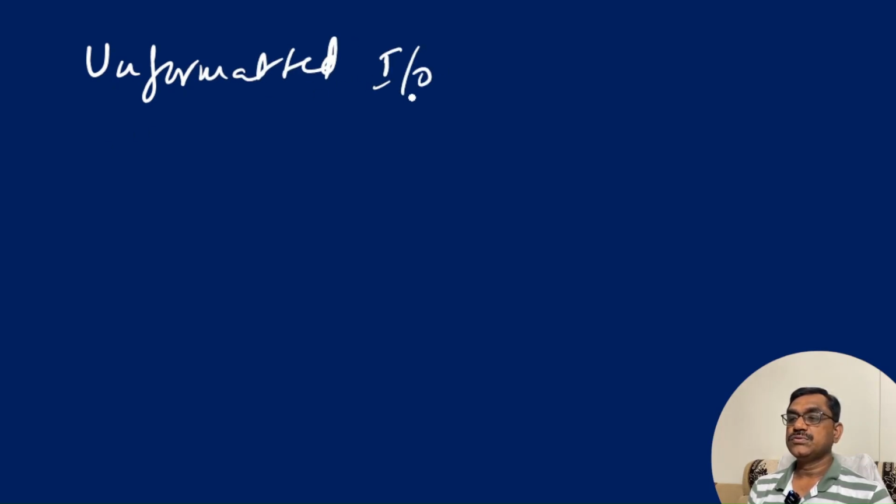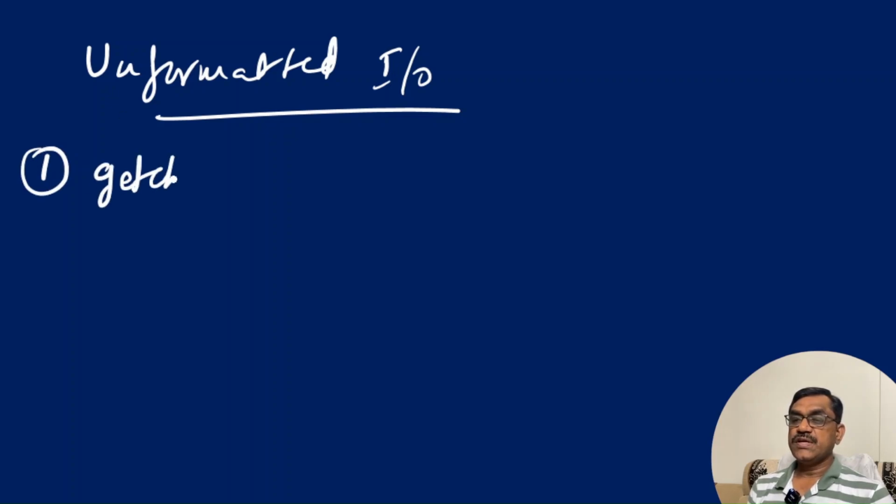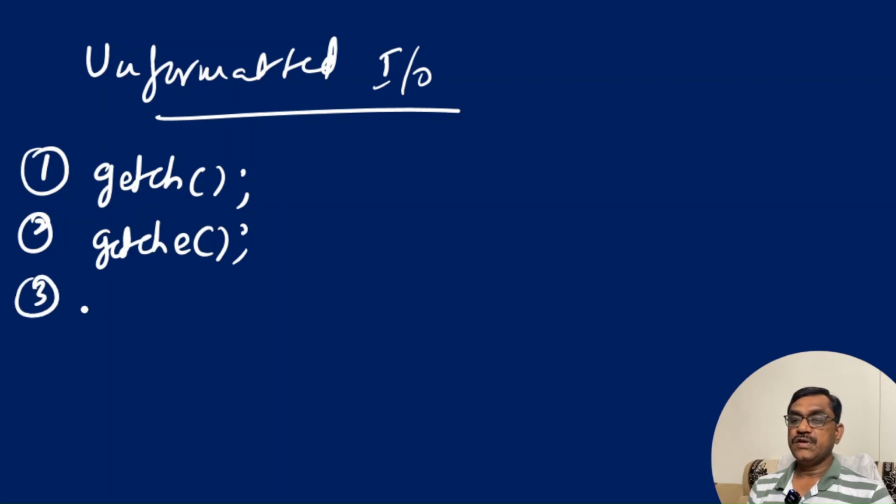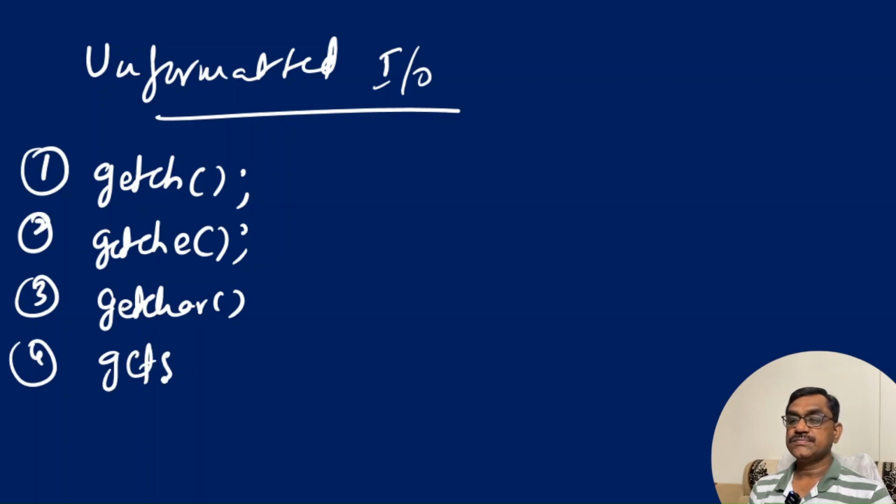Now we are coming to unformatted input output. Under unformatted input output, we have many functions. First one is getch, second one getche, third one getchar. Next we write gets.